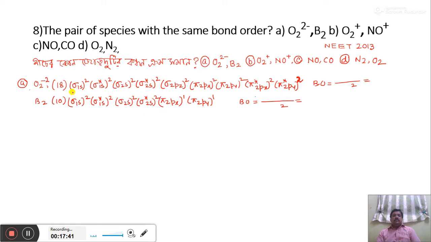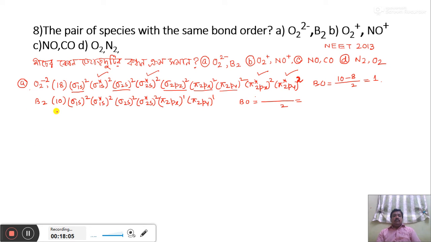It contains 5 BMO and 10 BMO electrons, and it contains sigma star 1s, sigma star 2s, pi star 2px, pi star 2py, 4 ABMO. These 4 ABMO contain 8 electrons, so its bond order is 1.